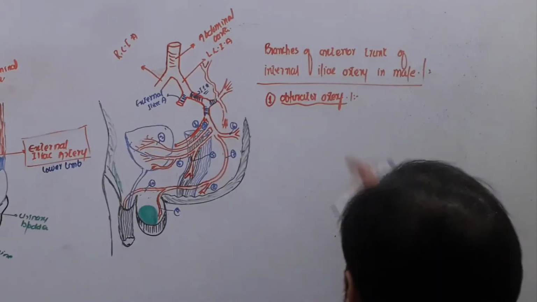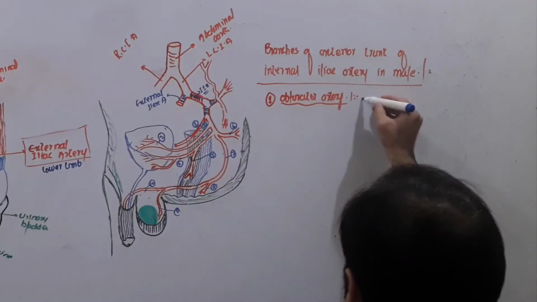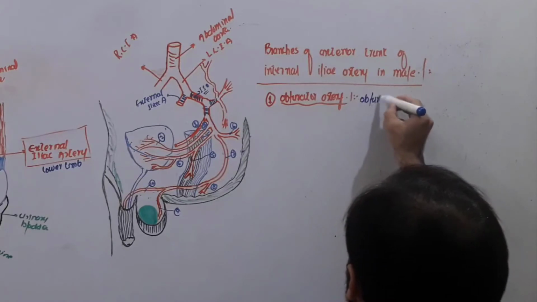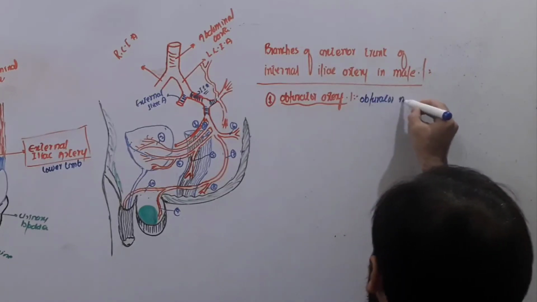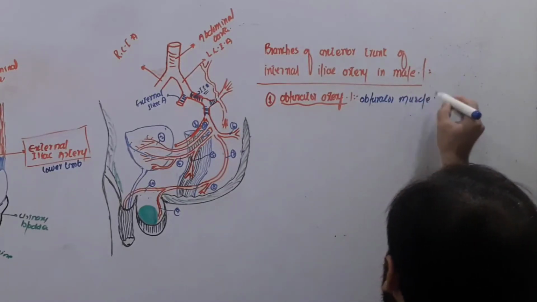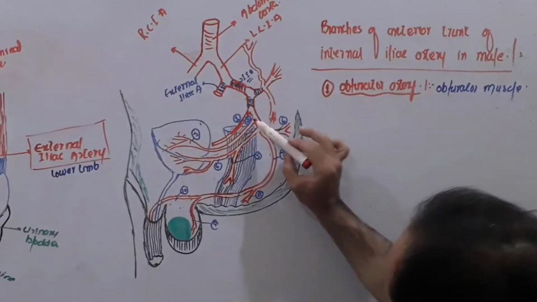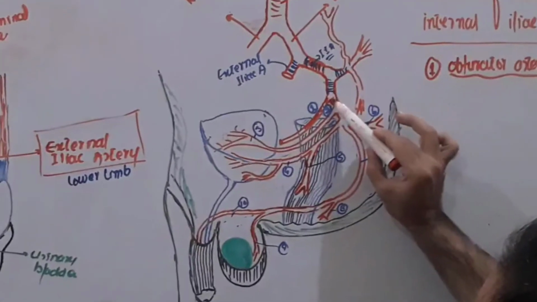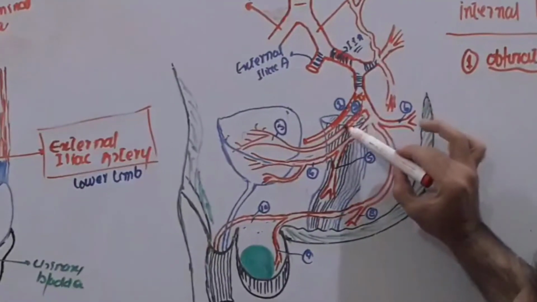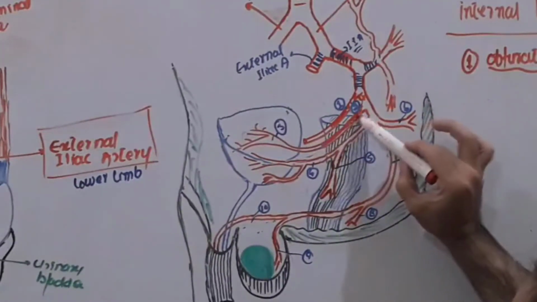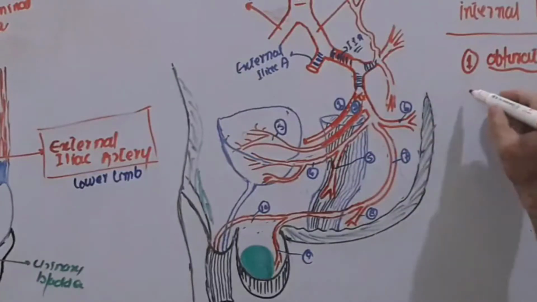This artery is responsible for supplying blood to the obturator muscle. The next artery which arises from this anterior trunk is the umbilical artery.